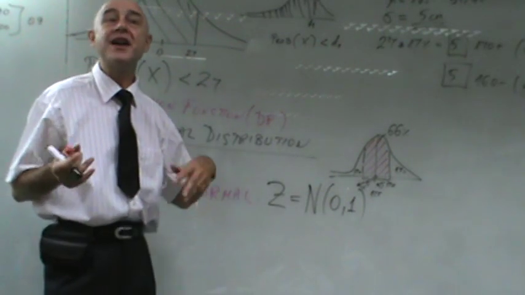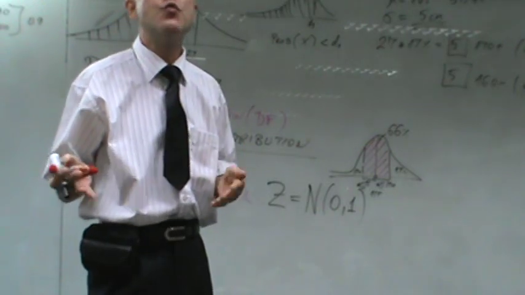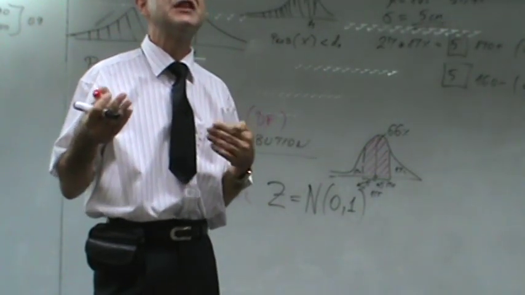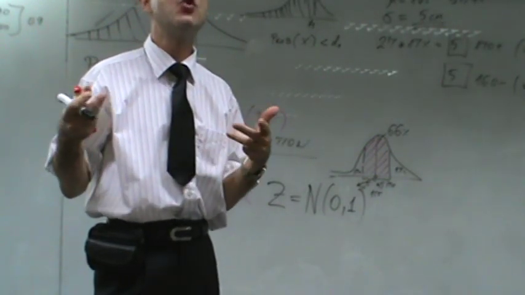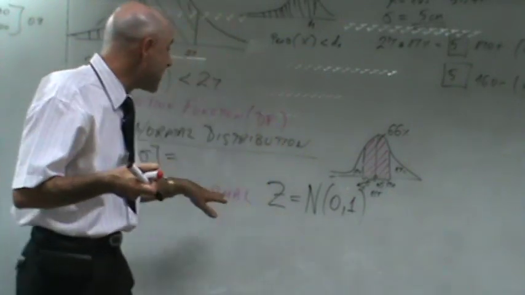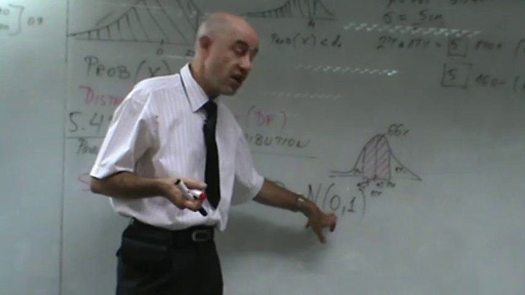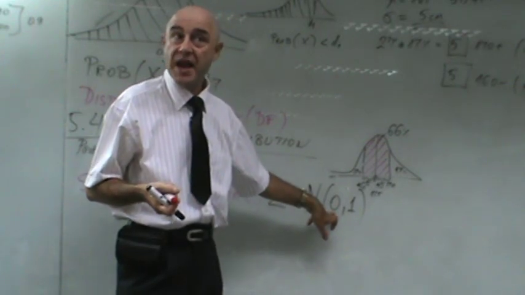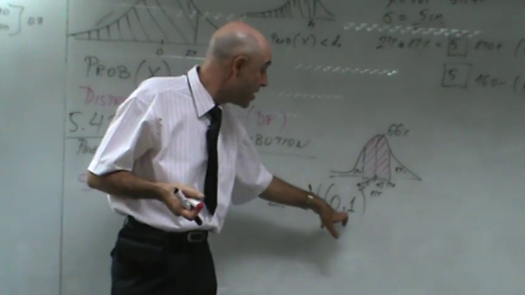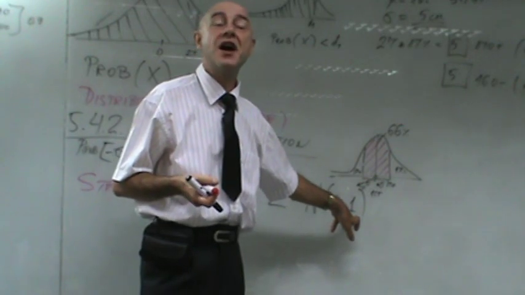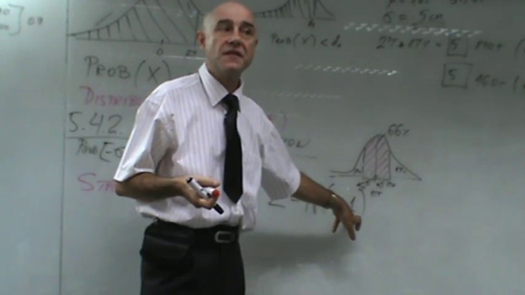When we have any normal distribution, we always like to normalize it. To normalize it means we subtract the mean, and after we subtract the mean, we divide by the standard deviation.